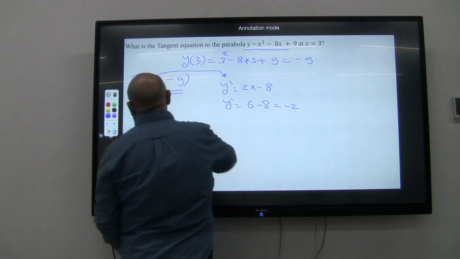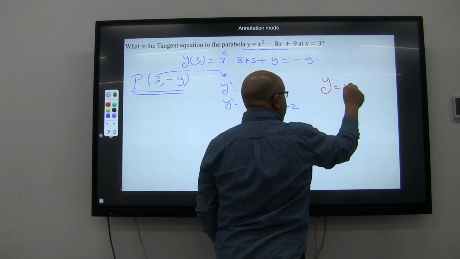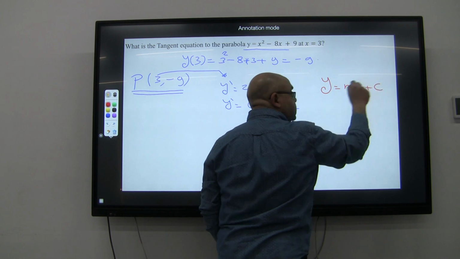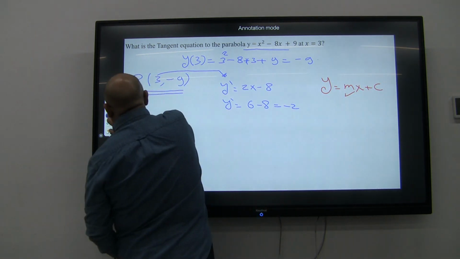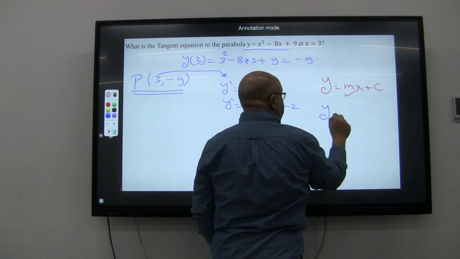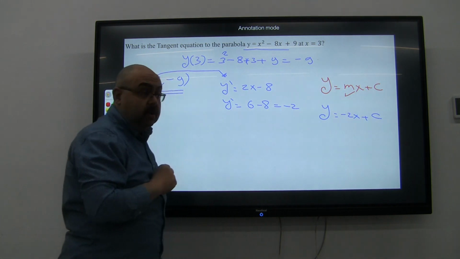For any straight line, any tangent line, the general equation of a straight line is mx plus a constant. Now you have m. So the straight line will be y equals negative 2x plus a constant.